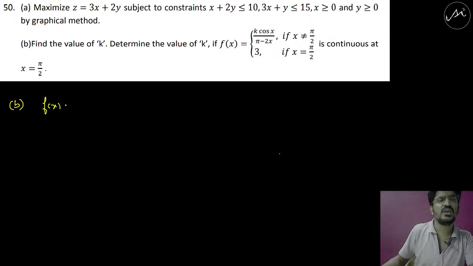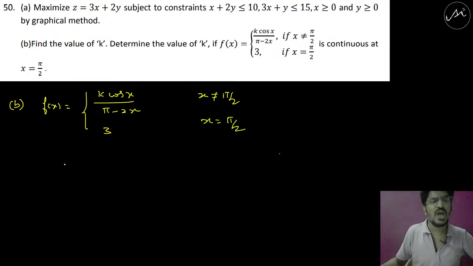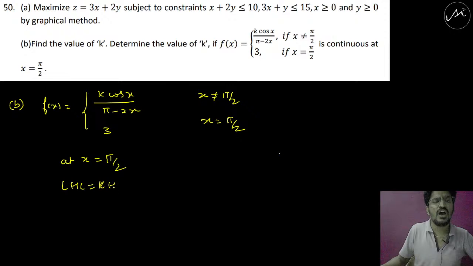Using the function f of x. K into cos x divided by pi minus 2x, where x is not equal to pi by 2 and it is 3 if x is equal to pi by 2. Okay. So now at x equal to pi by 2, LHL is equal to RHL is equal to f of a.